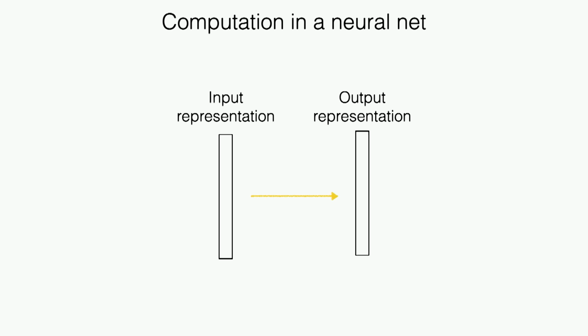It's all about starting with one representation of your data and transforming that representation layer by layer through your network, through this composition of functions, to make it a better and better representation until at the very final layer of your network, your representation is something that you can directly read off your prediction or the decision you need the system to make. So it's transforming your data representation from raw data to something very usable.